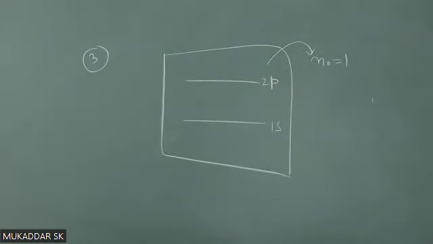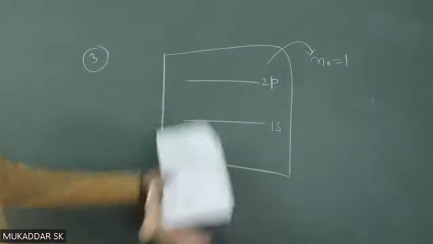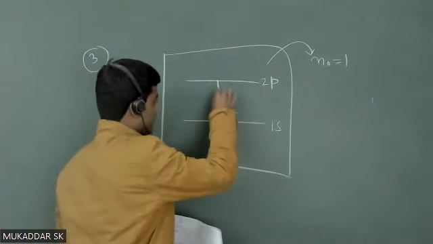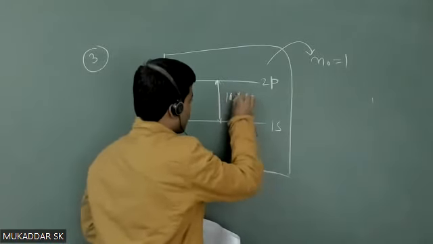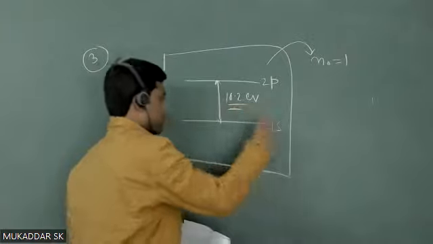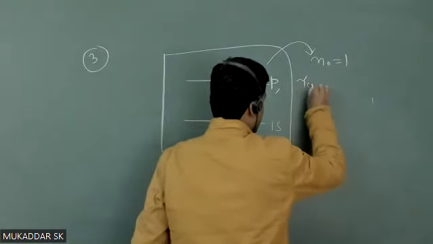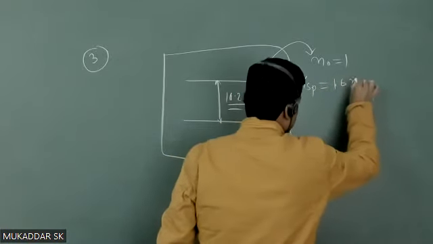Obviously 2p is the excited state. The separation between these two states is given, that is 10.2 electron volt, and also the lifetime of the 2p level is given, tau SP is 1.6 nanosecond.